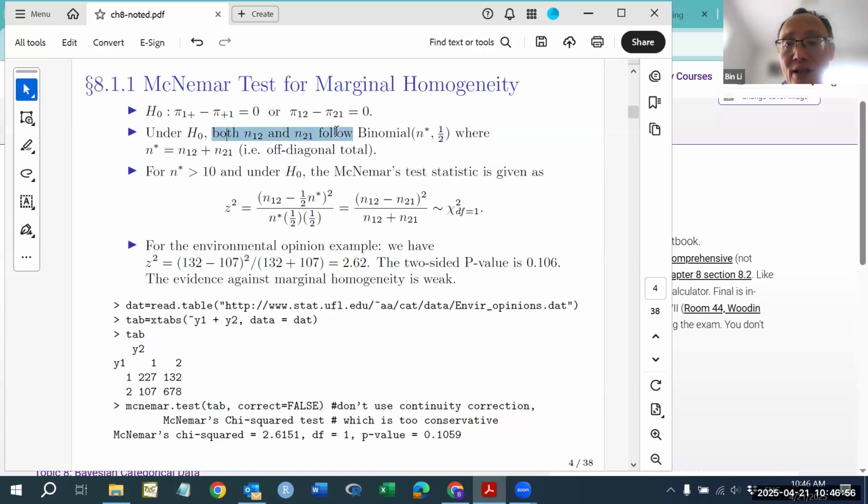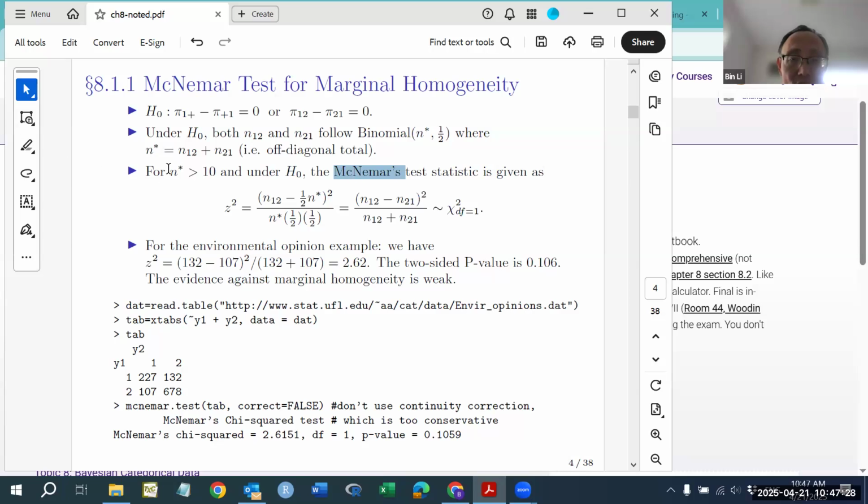So this can be viewed as a binomial where the total number of trials is the off-diagonal total, and the proportion that falls into one of the off-diagonal cells is 1/2, and the other off-diagonal cell is also 1/2, right?